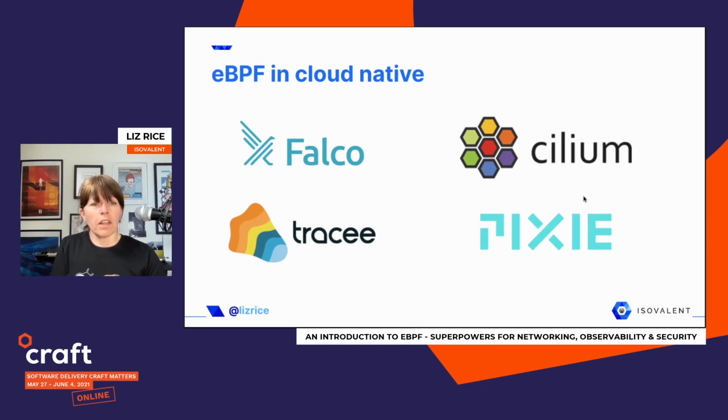Tracee is another similar application from my former colleagues at Aqua Security that's also using eBPF to spot malicious activity in a slightly more lightweight way than the way Falco is doing it.